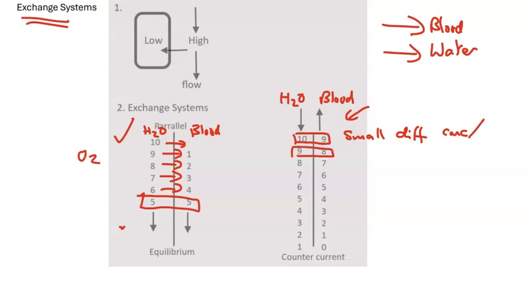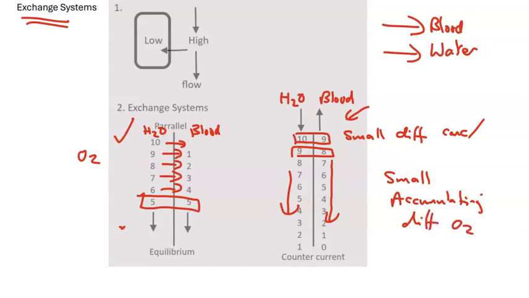However, if we take this across the entire surface of the gill, the diffusion will be much more efficient, and so we would get a small but accumulating diffusion of oxygen, and indeed in the opposite direction of carbon dioxide, making the countercurrent system much more efficient.